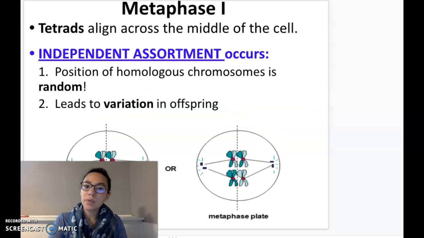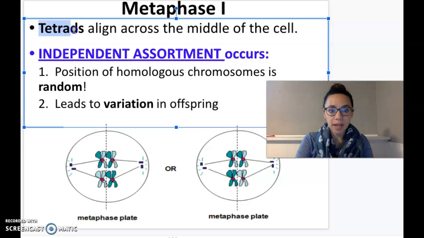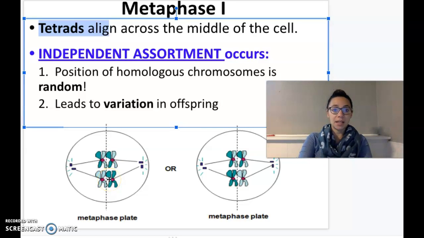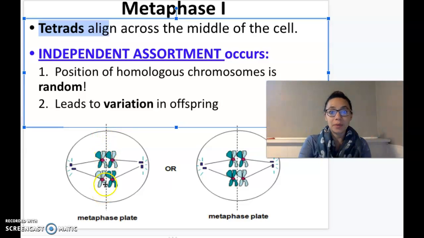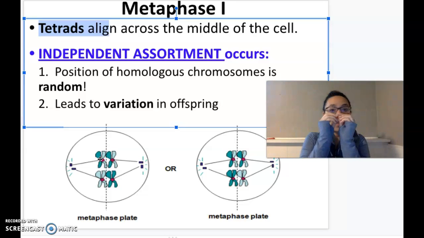Then next we've got metaphase 1, in which those tetrads line up again across the center of the cell. With metaphase in mitosis, the chromosomes lined up, now the tetrads are lining up. Because in the first round of meiosis, metaphase 1, the homologous chromosomes are going to separate, not the sister chromatids.